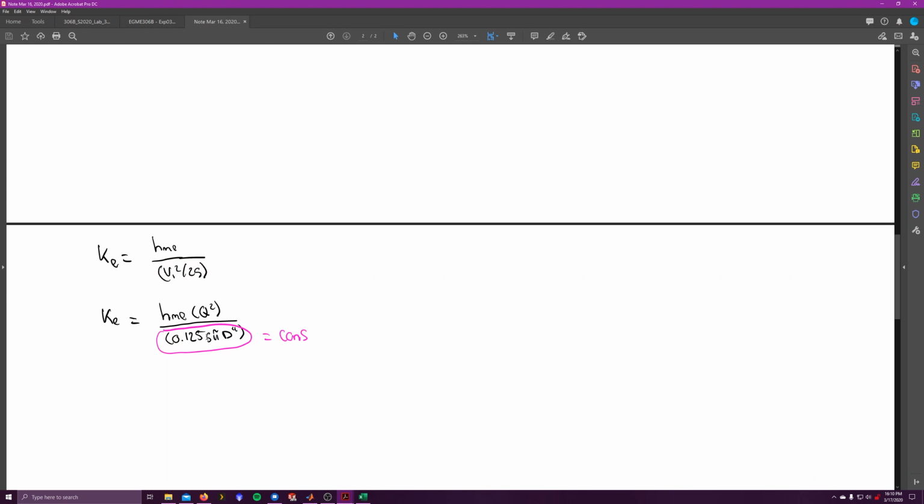So what this value is, if I'm trying to find, for example, the theoretical minor loss coefficient for an expansion, that would be equal to the minor head loss for that expansion, divided by the velocity squared, divided by 2 times the gravity. So if you were going to plug in for this velocity here, knowing the flow rate Q equals AV, then you solved for the velocity, and plugged all this in, you would get this new formula right here.